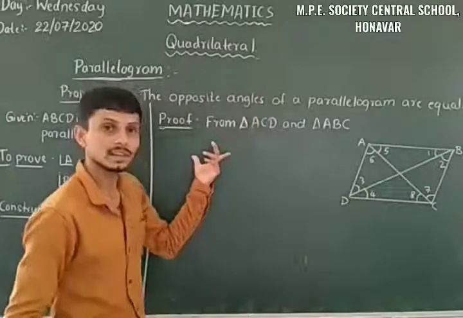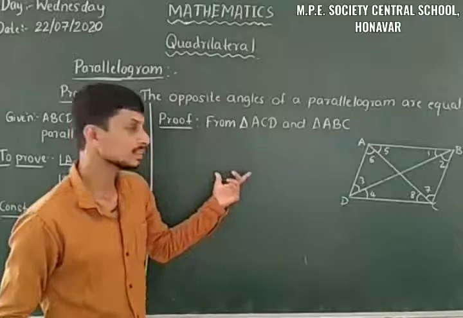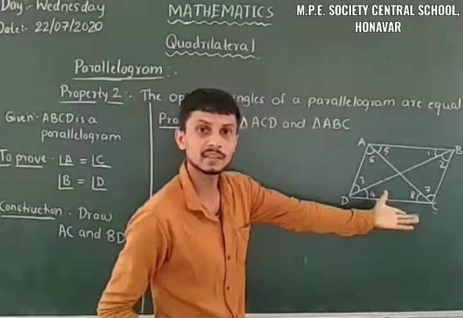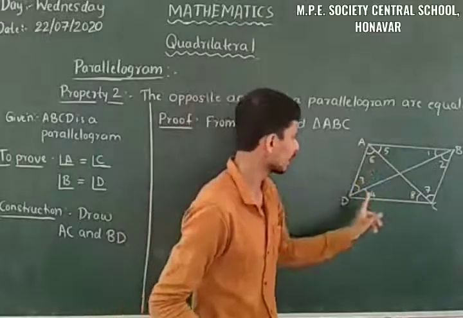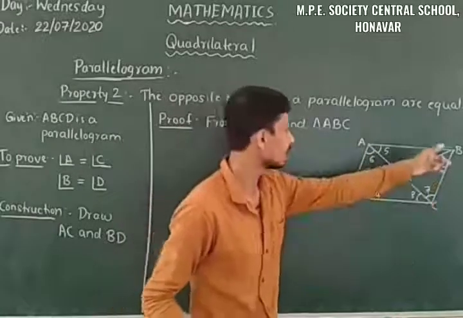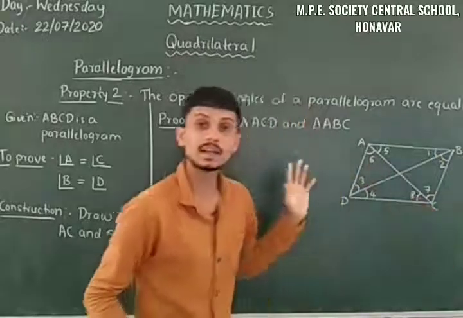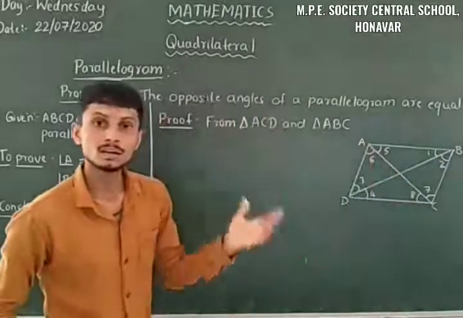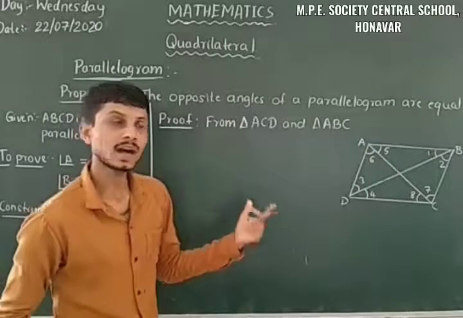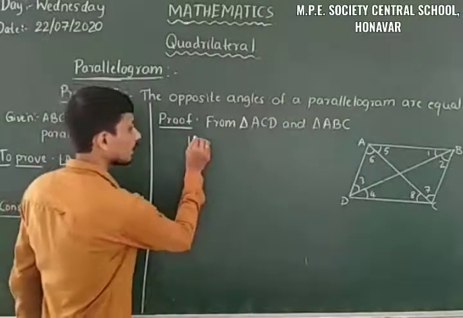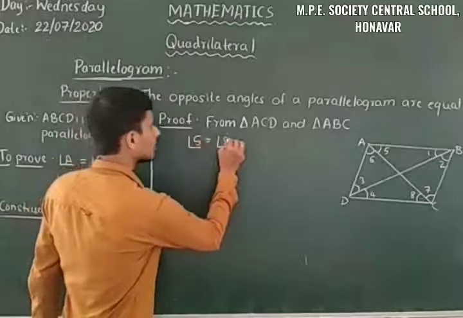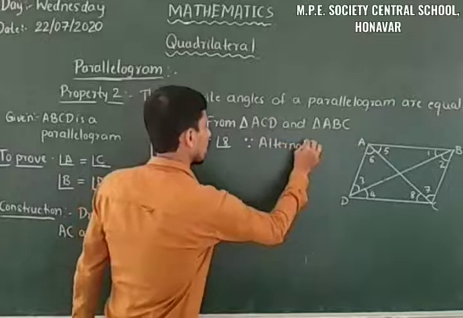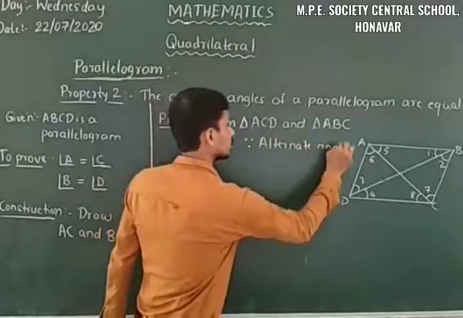Then we have to take the ASA congruence. So angle 5 is equal to angle 8 because it's an alternate angle. When we consider AB and CD as the parallel lines and AC as the transversal, 5 and 8 are alternate angles.